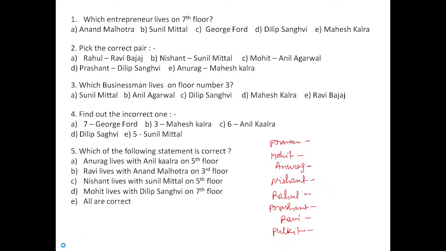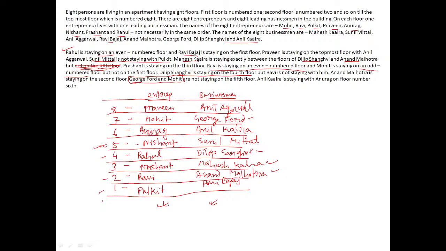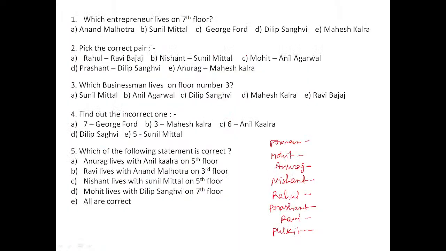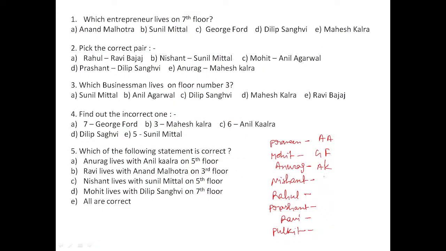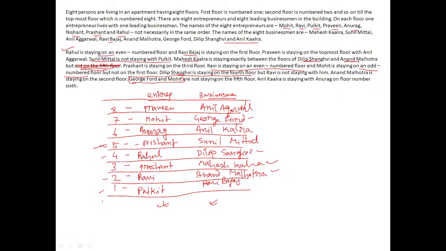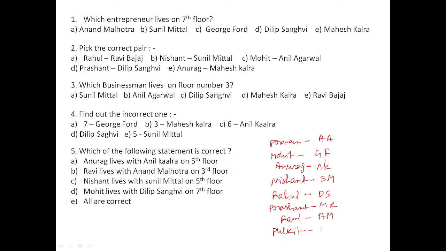And for the businessmen, I am just taking the initials AA, GF, AK like this. So this is AA, GF, AK, SM, DS, MK, AM and RB. This is it, and this is the first floor, second floor, third floor, fourth floor, fifth floor, sixth floor, seventh floor, and the topmost floor.